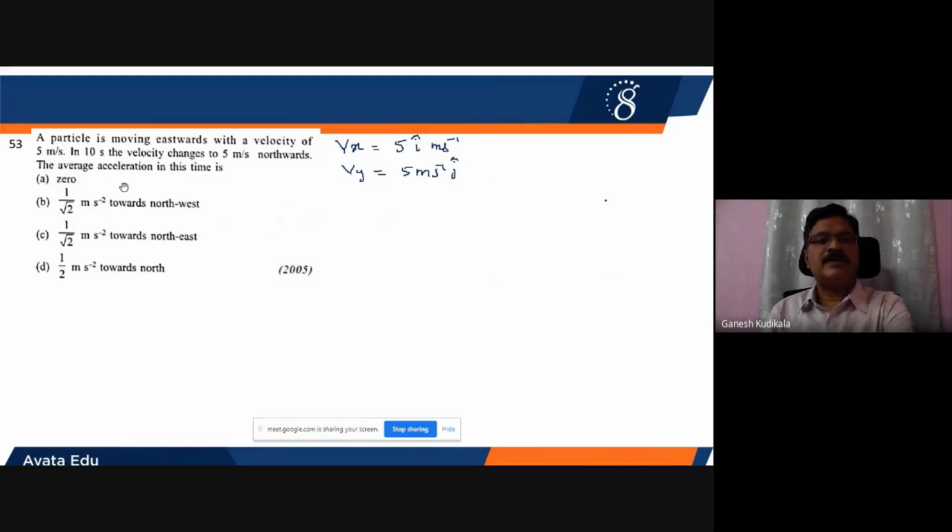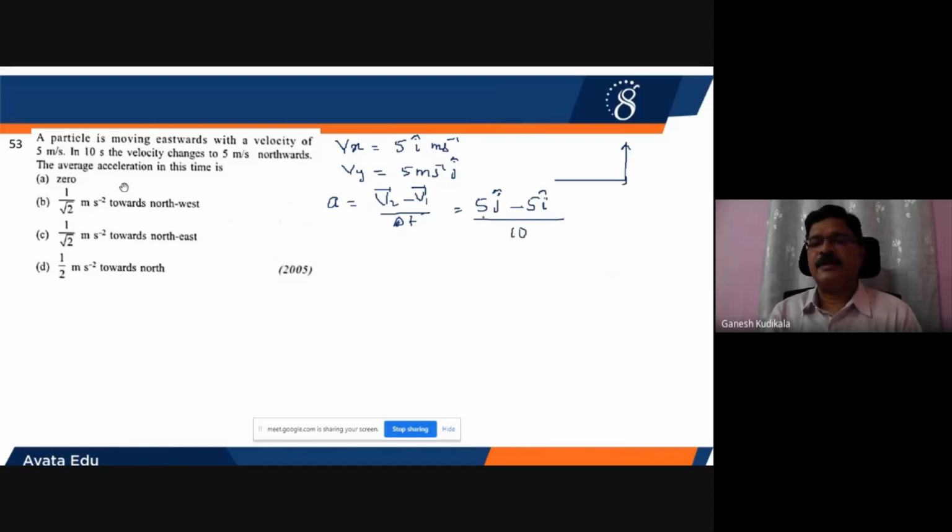Towards north, the average acceleration will be, initially it was going towards east, then going towards north. Vector form we have written. Then how to find the acceleration? Acceleration by definition is a equals v2 vector minus v1 vector divided by delta t. v2 vector will be 5 j cap minus 5 i cap, divided by time, the average acceleration in 10 seconds.